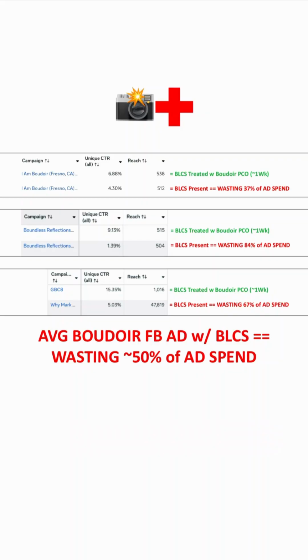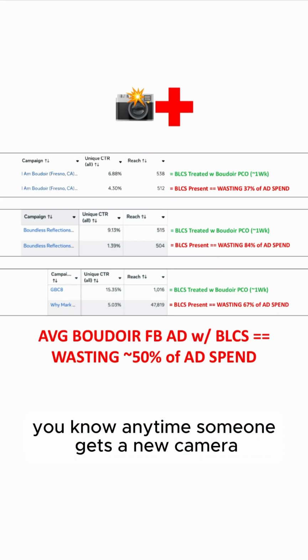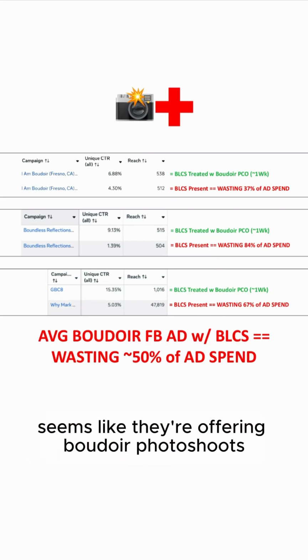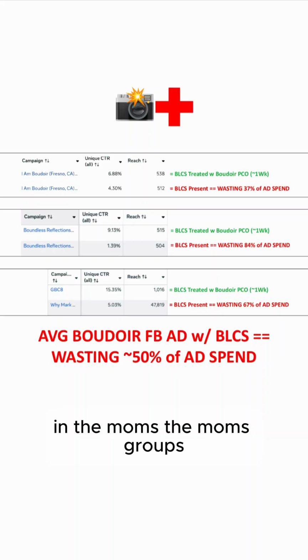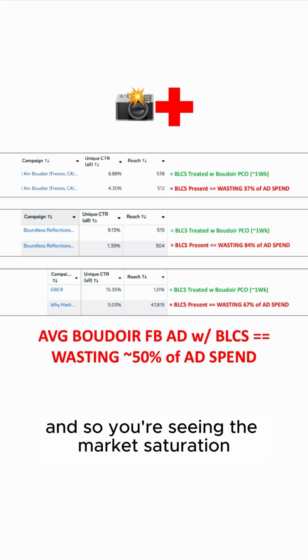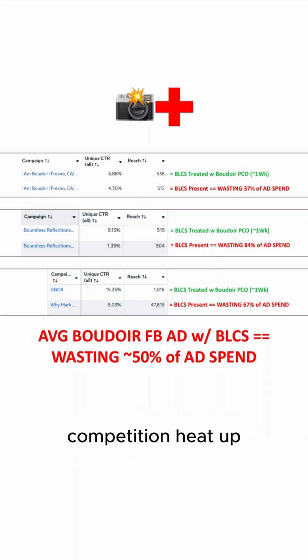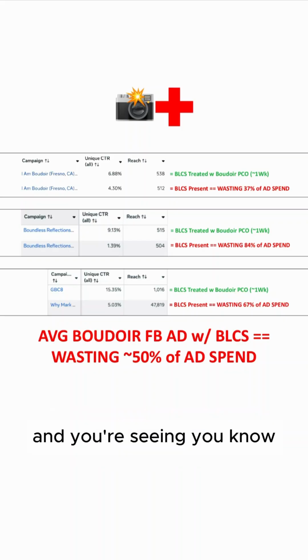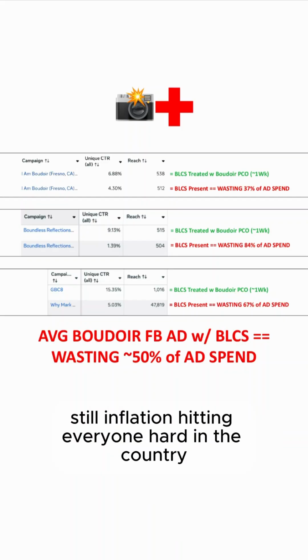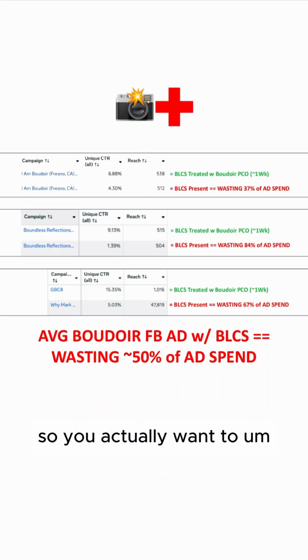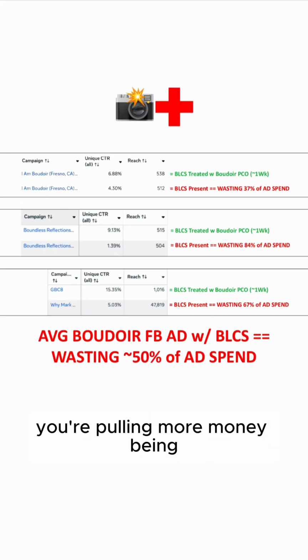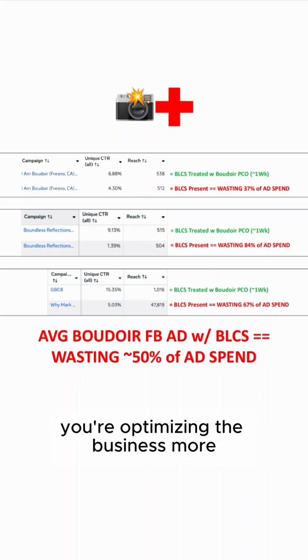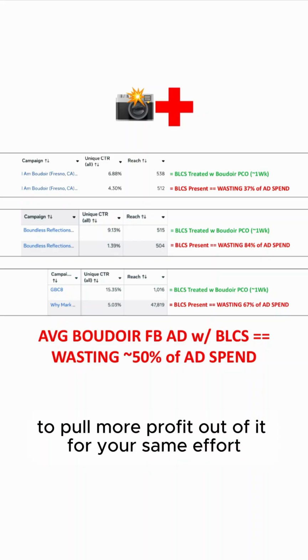Anytime someone gets a new camera, it seems like they're offering boudoir photo shoots in the moms groups. And so you're seeing market saturation, competition heating up, more sellers for the same number of buyers, and inflation still hitting everyone hard in the country. So you want to optimize the business more to pull more profit out of it for the same effort.